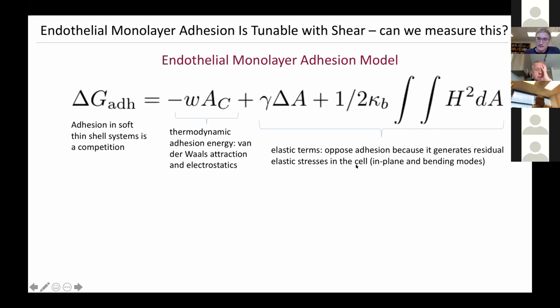And then there are elastic terms which oppose the adhesion. There are elastic terms that come from stretching of the interfaces. There are elastic terms that come from bending of the interfaces. And this is a large area of interest for me.